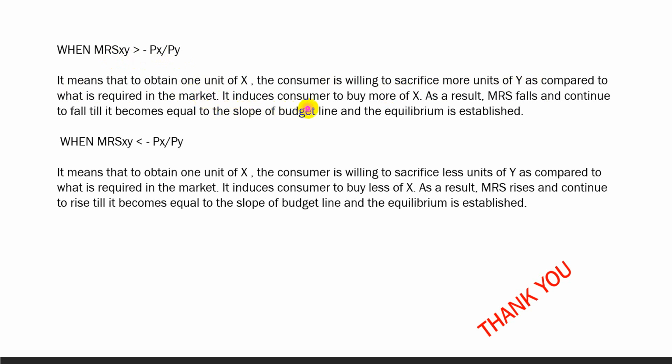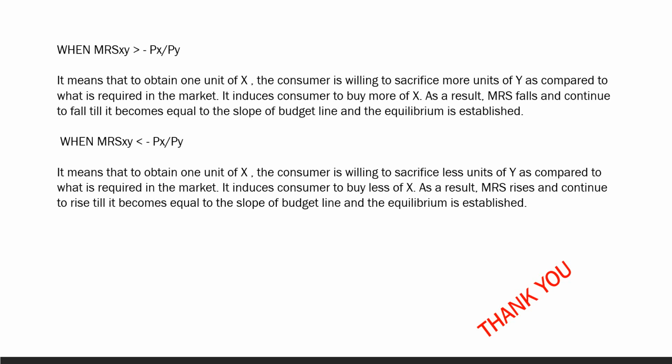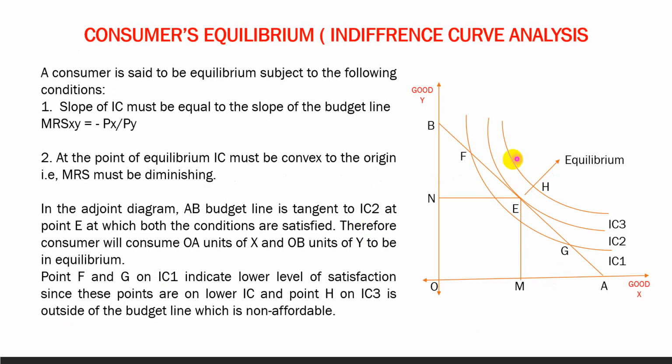Therefore, it induces the consumer to buy more of good X. As a result, the marginal rate of substitution falls and continues to fall till it becomes equal to the slope of the budget line, and finally equilibrium is established.